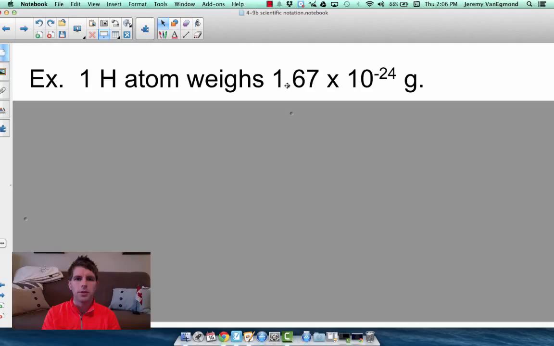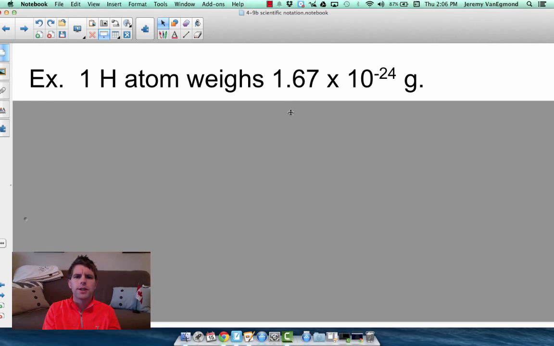Our goal here will be to write this number in standard notation. So we're going from this value that's in scientific notation, and we want to write it in standard notation just to appreciate what that looks like written as a normal number.